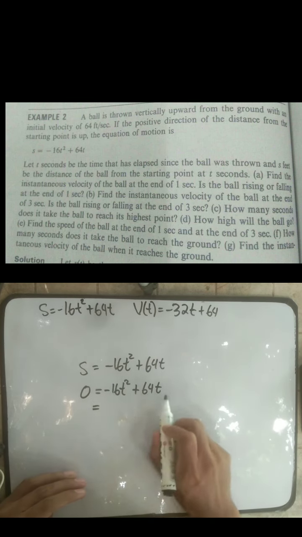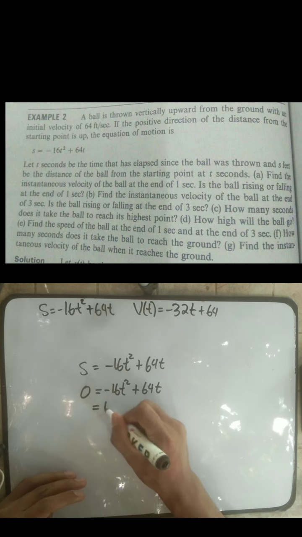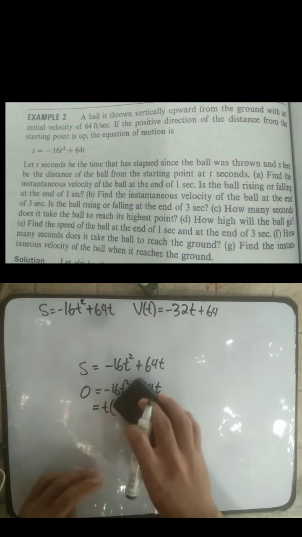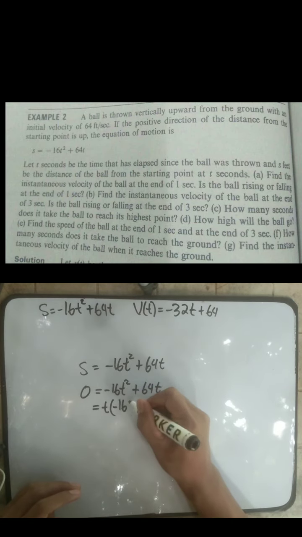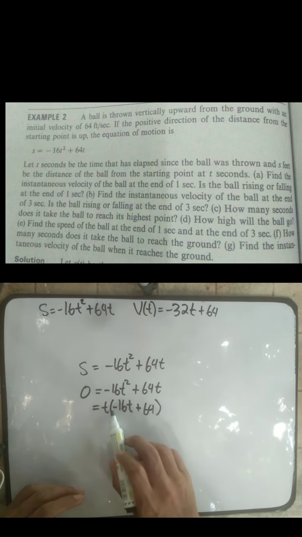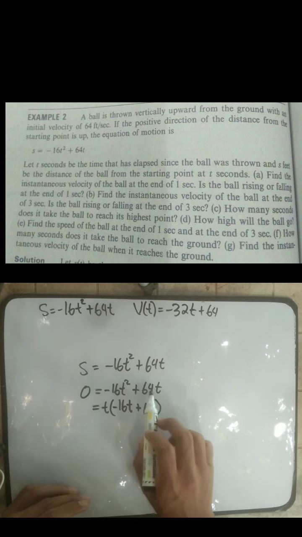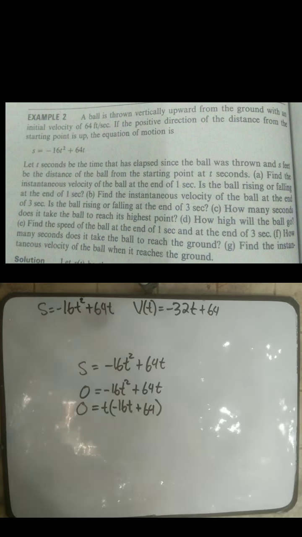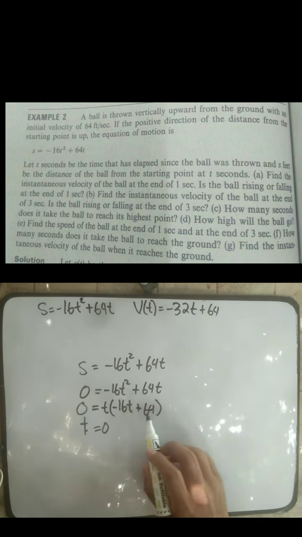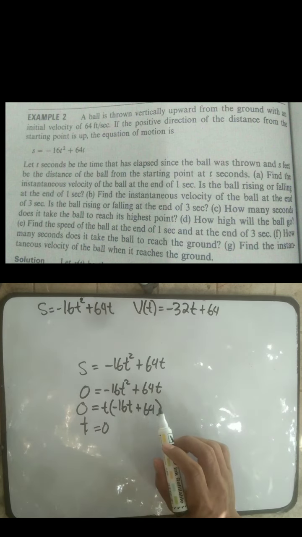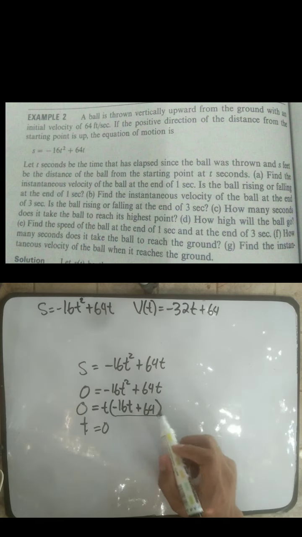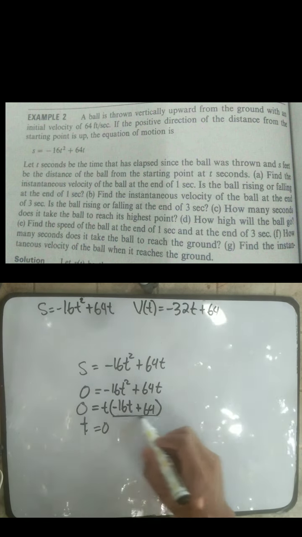We can factor this equation: t multiplied by negative 16t plus 64. If we multiply these terms, we'll get this equation. So either t is equal to 0, or we find the time it takes the ball to reach the ground using the other factor.